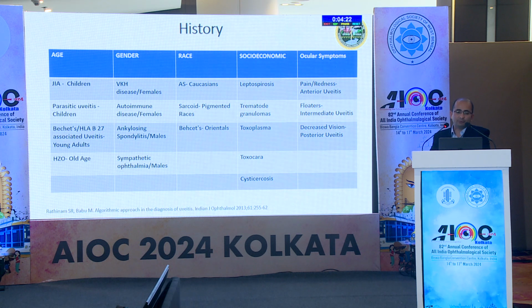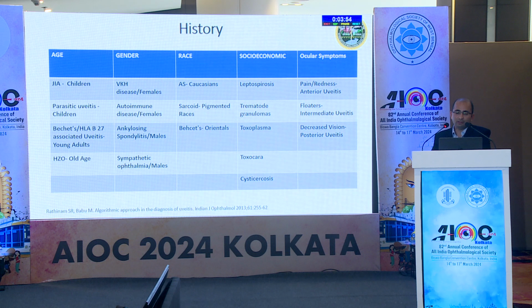Similarly, certain diseases will be more commonly associated with a certain gender, like VKH is more common in females, autoimmune diseases are more common in females, and males may have more of sympathetic ophthalmia due to injuries to the eyes. Again, socioeconomic status will have an implication about the parasitic diseases. And again, this thing is also very important.